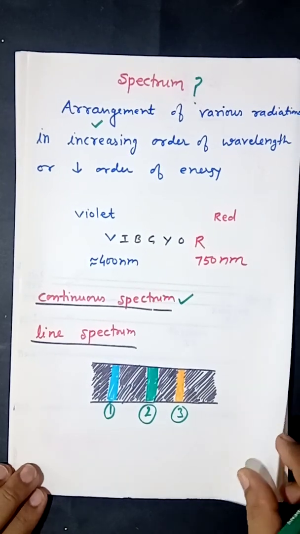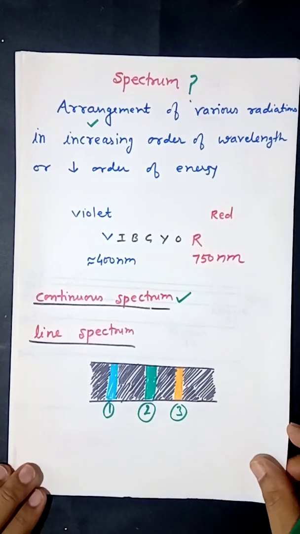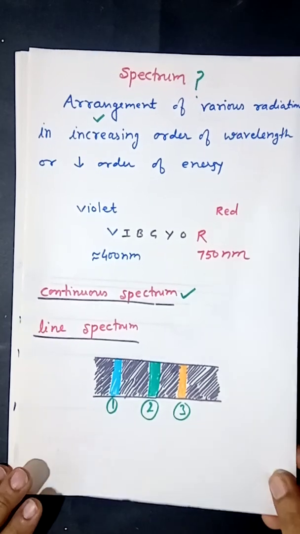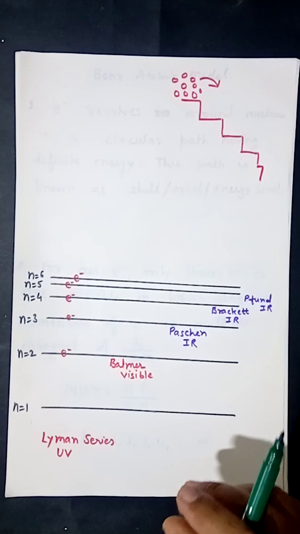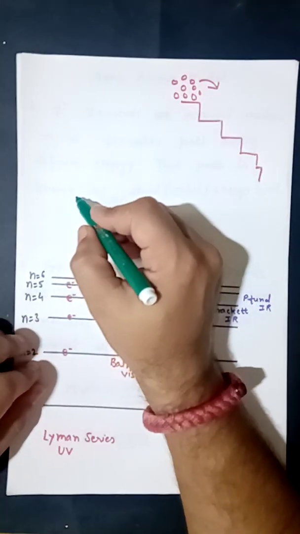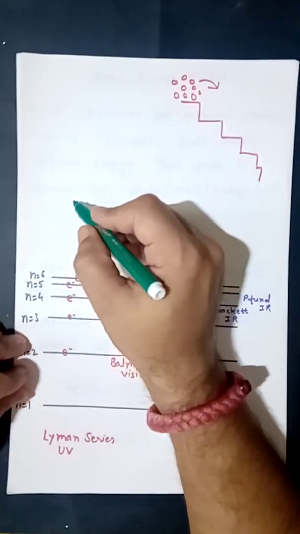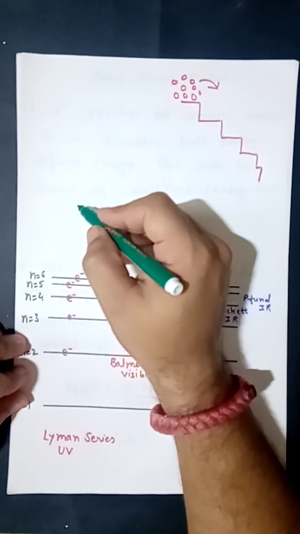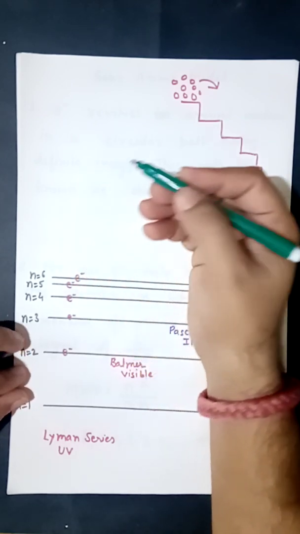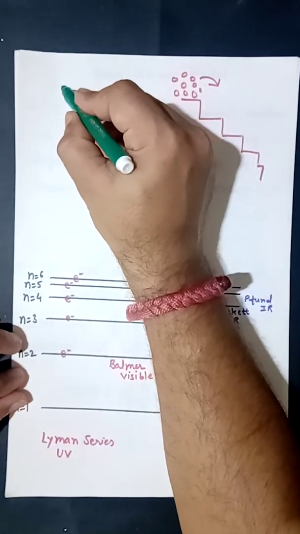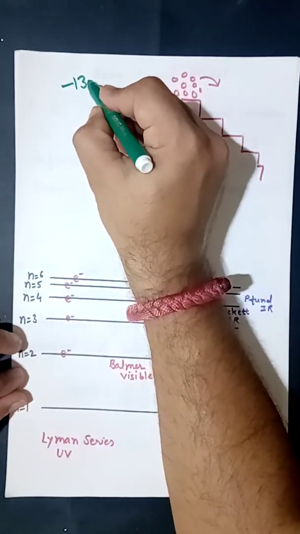Now, how can we obtain the spectrum of an atom, and why does an atom produce such a type of spectrum? To discuss it, look here. You know that an atom can have an infinite number of shells, and each and every shell has a definite amount of energy, which you can calculate with the help of the Bohr formula.